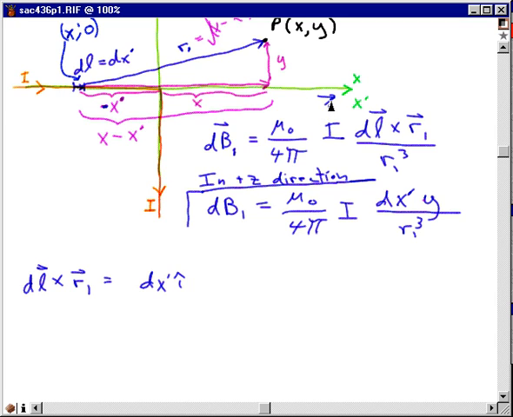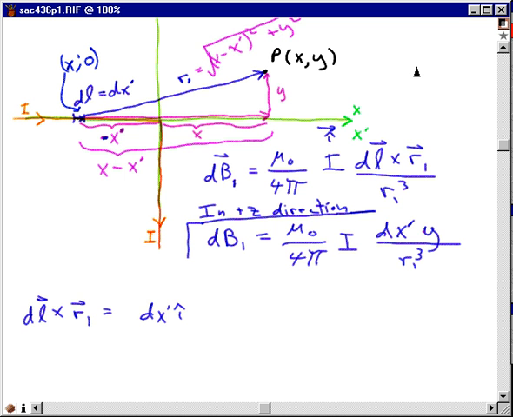So the unit vector in the I direction is in the positive x prime direction. The unit vector in the y direction would be in the positive y direction. And a unit vector k in the z direction is coming right out of the board at you.